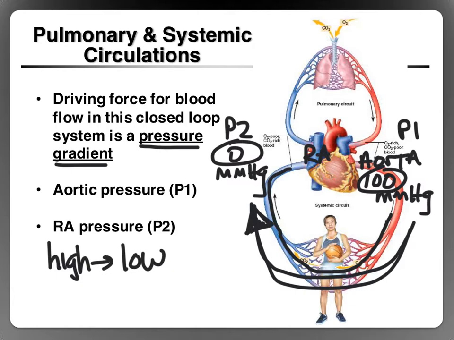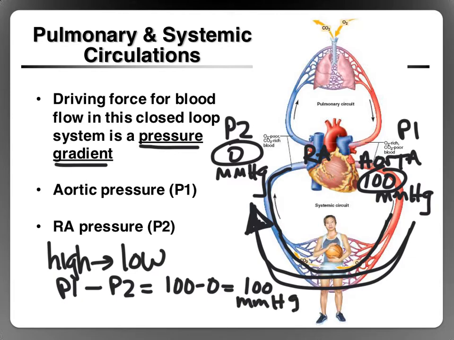And if we wanted to calculate the gradient, we would subtract the pressure where it's low from the pressure where it's high. In this case, that would be 100 minus 0, and therefore our pressure gradient would be 100 millimeters of mercury. So that is the pressure that is driving blood away from the left ventricle, out into the body, and back towards the right atrium.